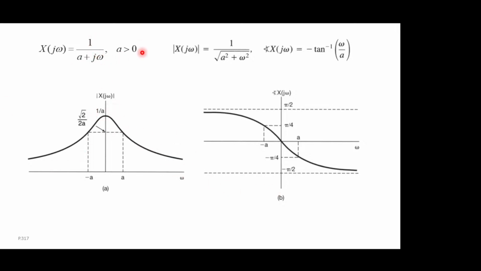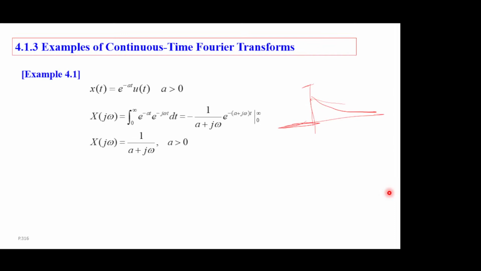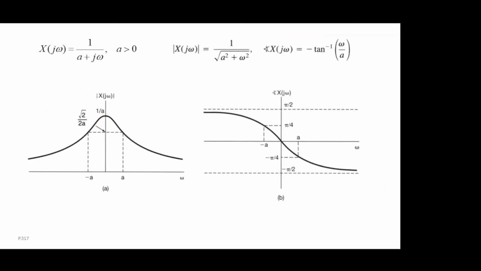The absolute value is biggest when omega equals 0, like this. And it also has some angle like this. So we think this function has most of its frequency component around omega equals 0, and as frequency gets higher and higher, the components get smaller and smaller. Okay, question? So it's a pretty nice function.